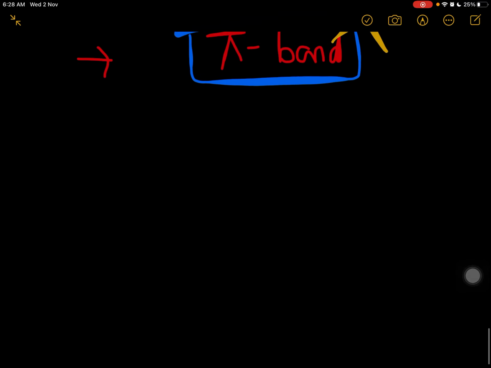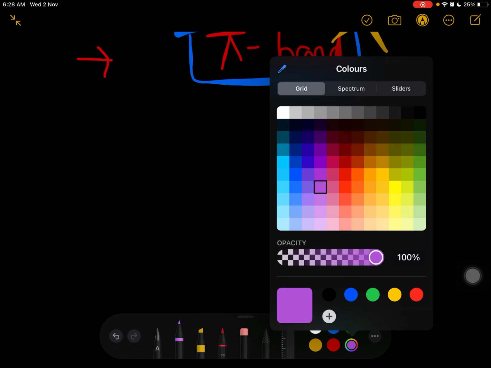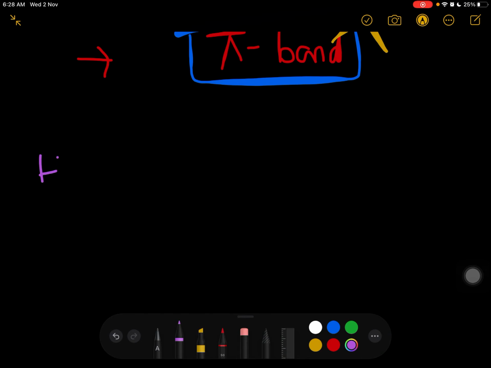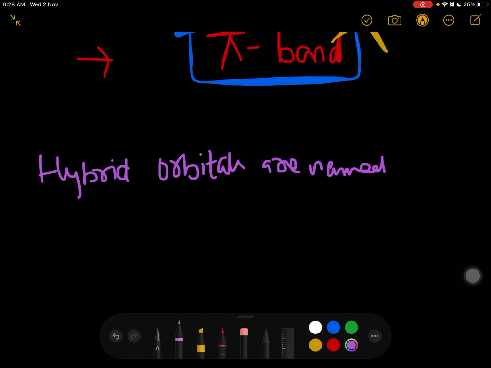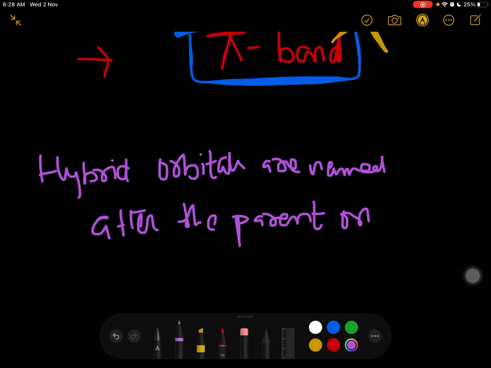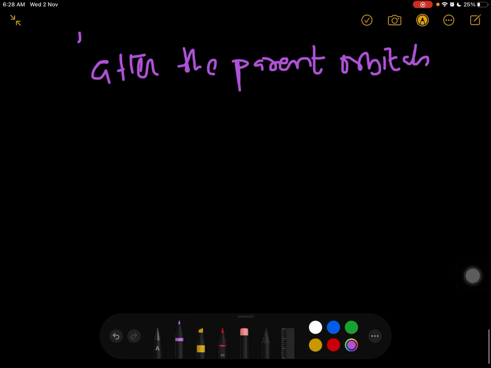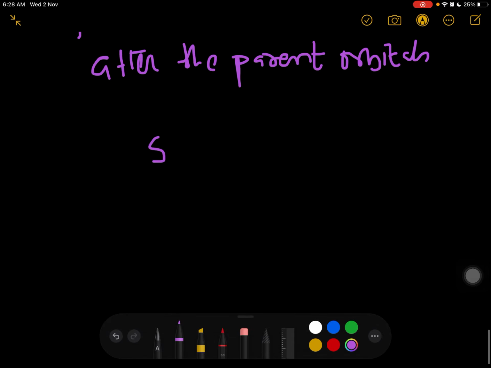So now we will discuss the hybrid orbitals. The hybrid orbitals are named after the parent orbitals. What does that mean? For example, if we have s plus p, they will be known as sp.